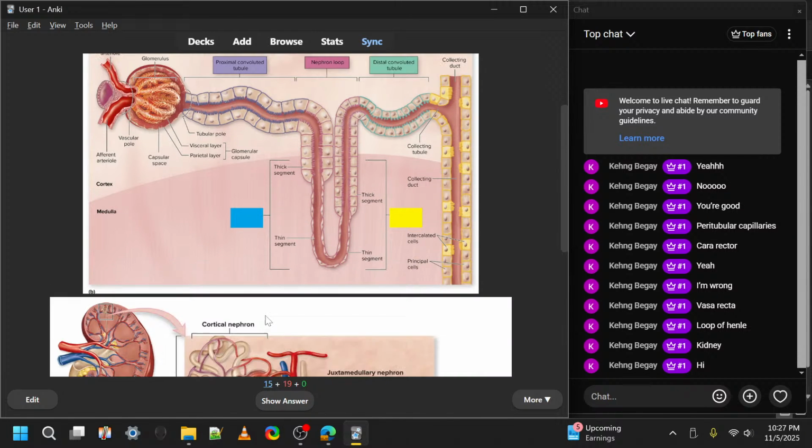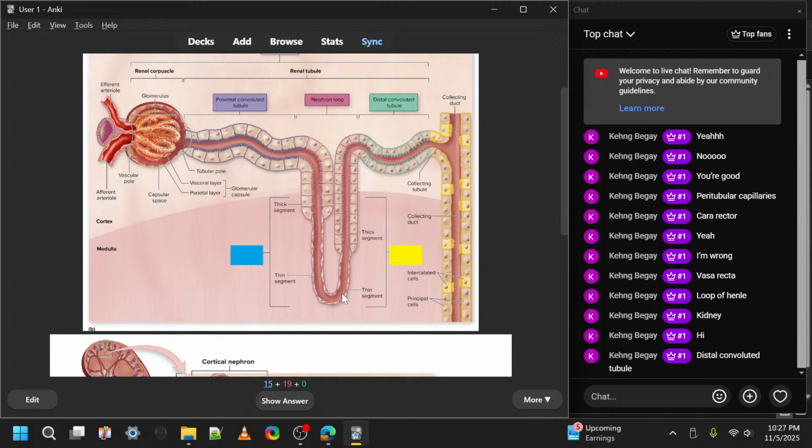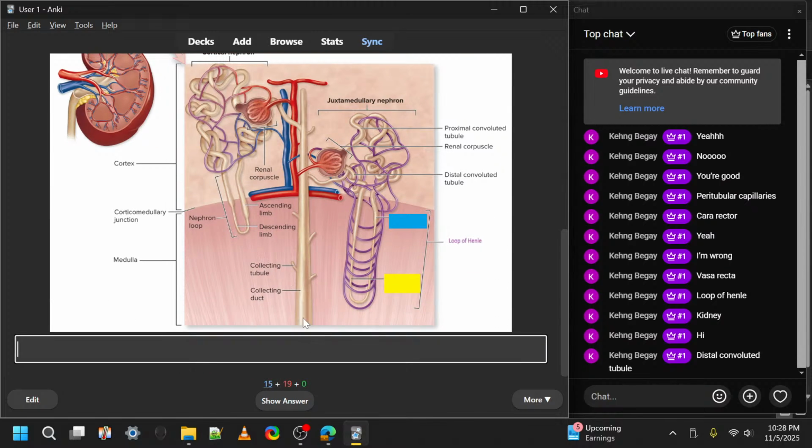Loop of Henle, blue. Ooh, yeah. So what is the blue? Distal convoluted tubule. Let's go, King. Yeah, so what is the blue? I'm gonna start typing out my answer. I already forgot it.